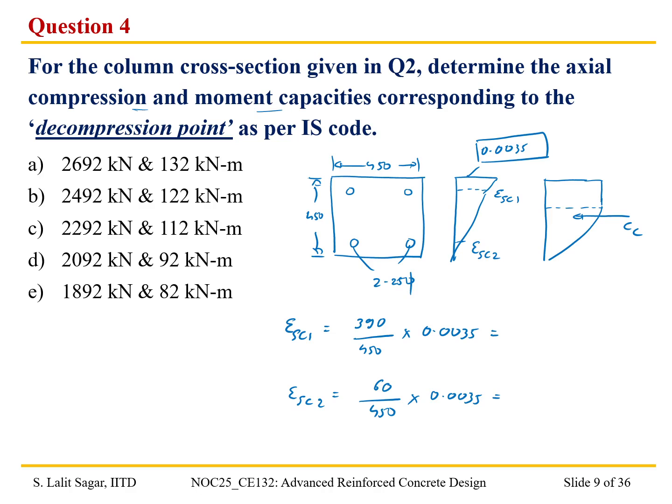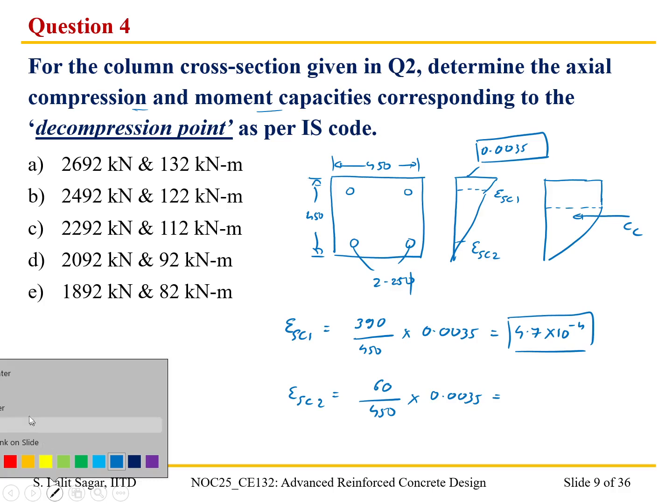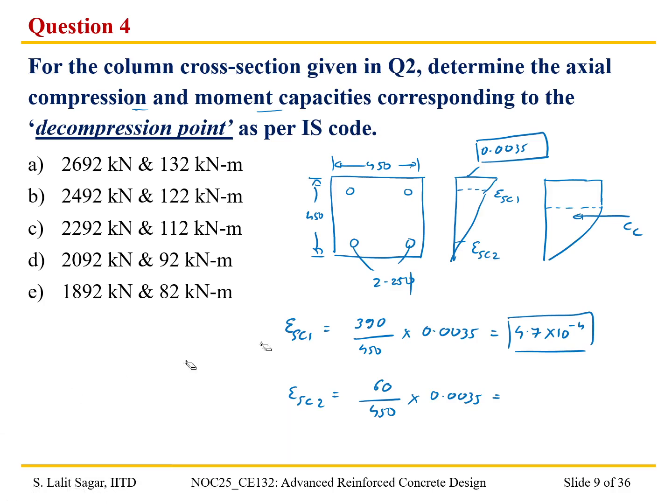Epsilon SC1 turns out to be 4.67 into 10 to the power minus 4, and epsilon SC2 turns out to be, okay, I think I basically interchanged the values.